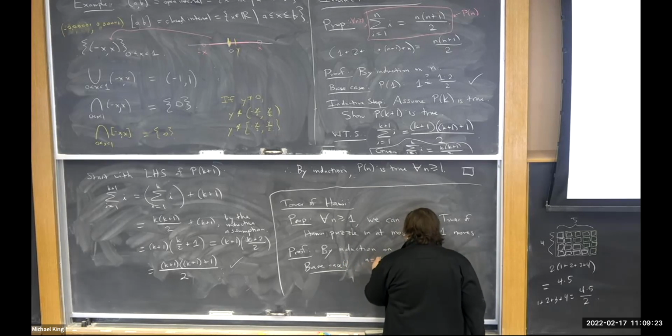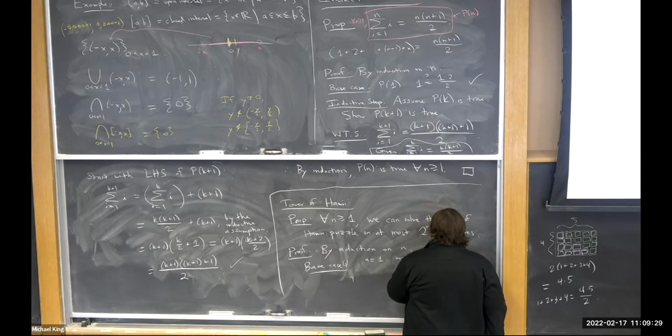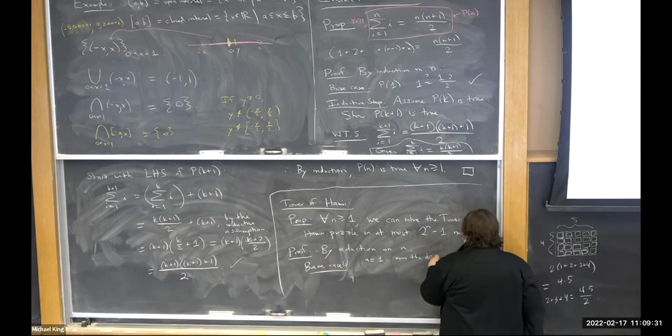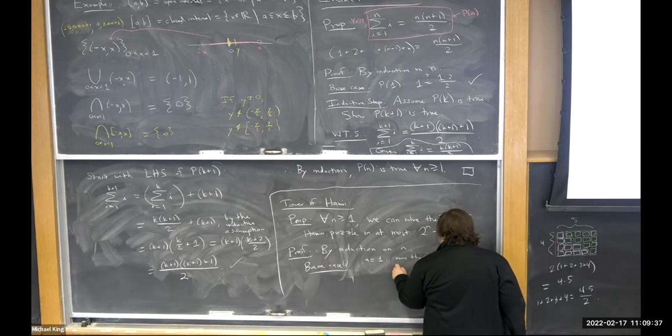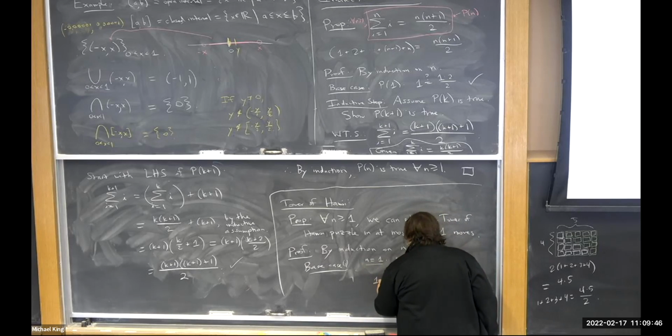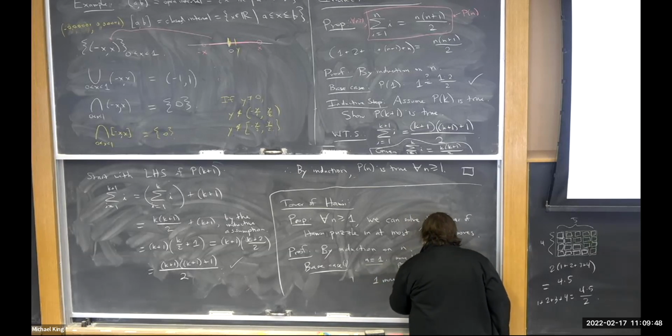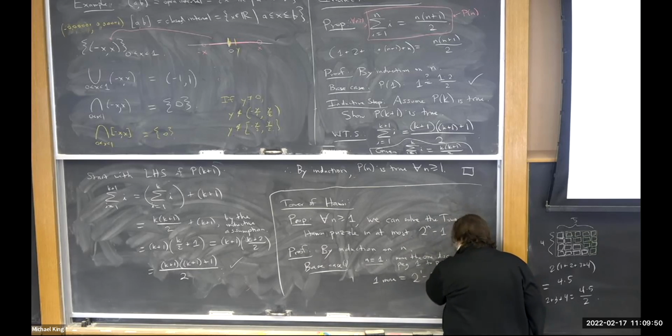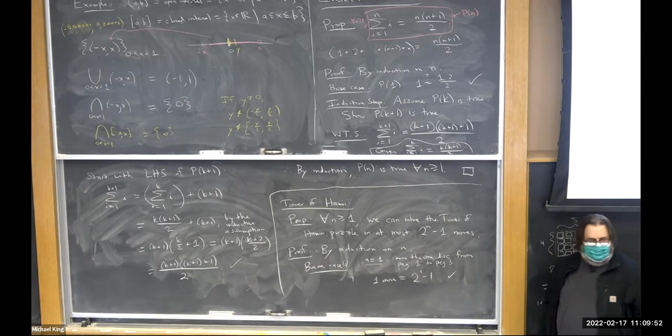For n equals 1, it's just move the 1 disk, sometimes they talk about being on pegs, from peg 1 to peg 3. 1 move, which is 2 to the 1 minus 1. You should check that that fits the formula.